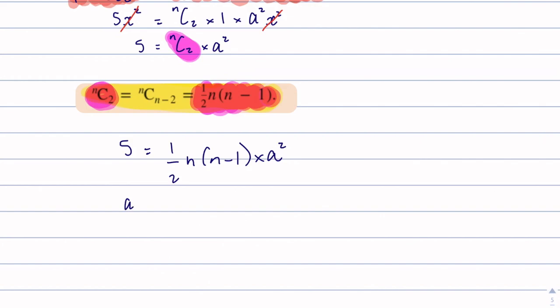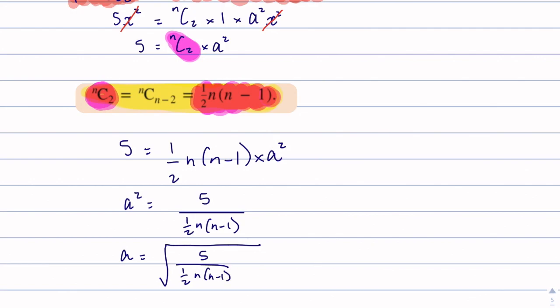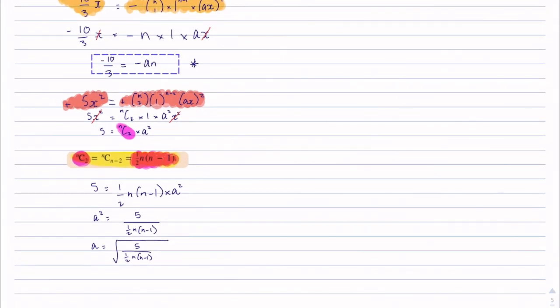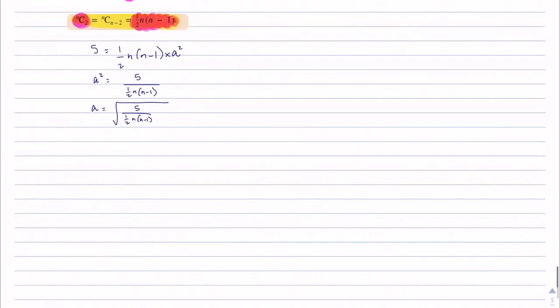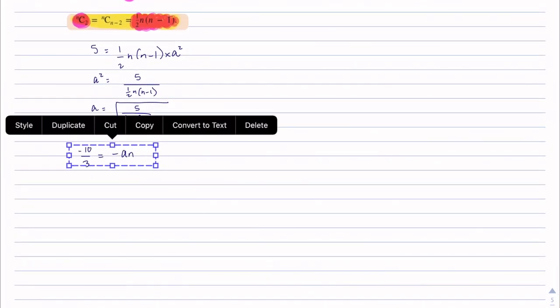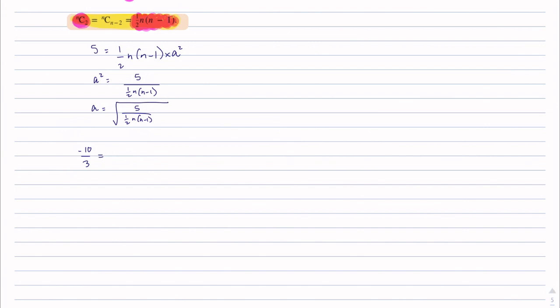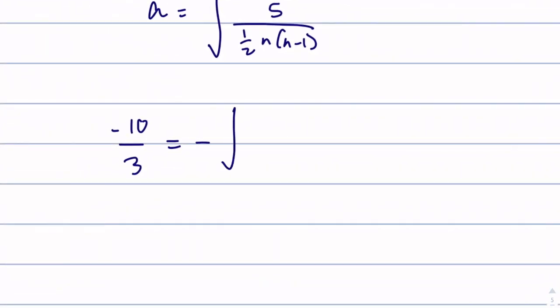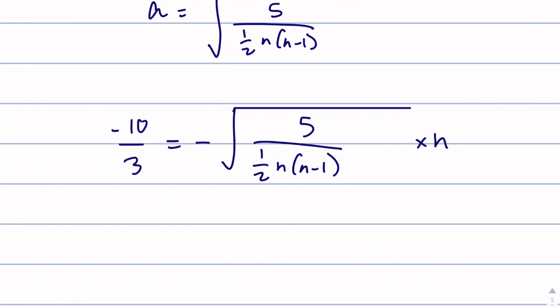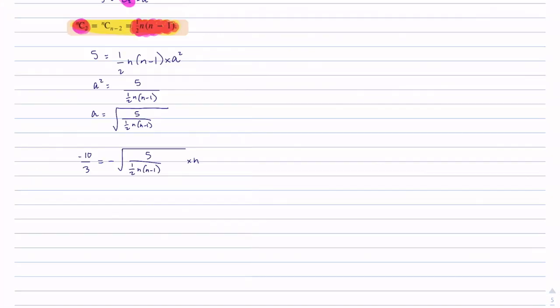Which means a² equals 5 on all of this, which means a equals the square root of all of this, which means I can replace the a with that. That cannot be the easiest way to do this.